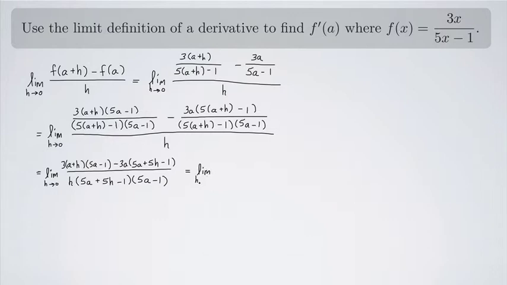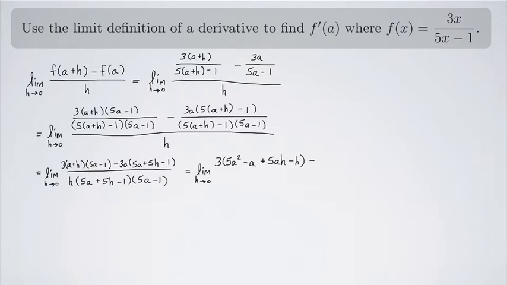So I'm going to have the limit as h approaches 0 of. So the top part, I'm going to have 3 times, let's multiply this out, a times 5a, that's 5a squared. And we'll do the outer term, a times negative 1, that's minus a. And the inner term, h times 5a, that's going to be plus 5ah. And the last term, h times negative 1, that's negative h. And then multiply this out.